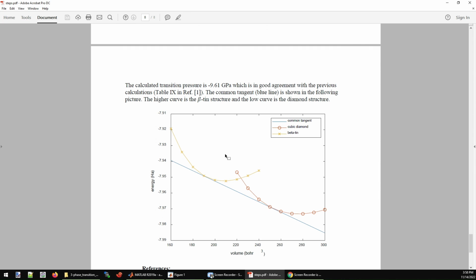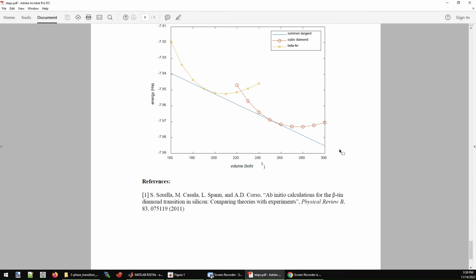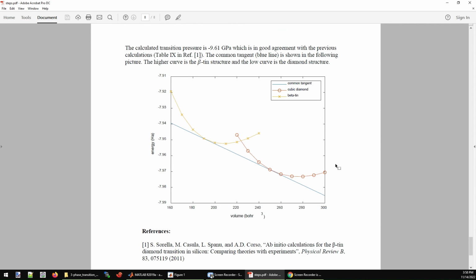So in the end, we get this plot. The transition pressure is just the slope of this line. You see it's negative, so it's minus 9.61 gigapascal. And this transition pressure compares very well with the reference, which is here as well.